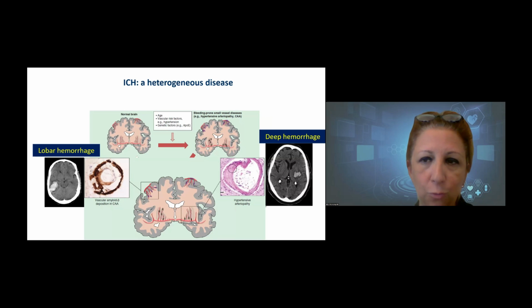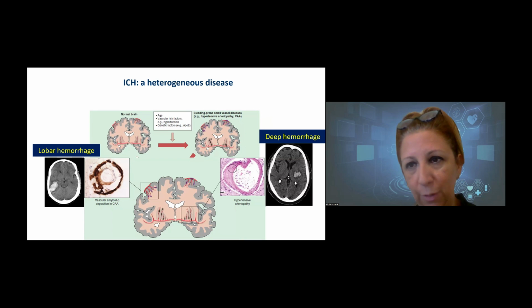This is because intracerebral hemorrhage topography may offer insights into the etiology of the cerebral bleeding. Deep intracerebral hemorrhage has been consistently associated with hypertensive microvascular disease, whereas lobar ICH is mainly considered as a manifestation of underlying cerebral amyloid angiopathy.